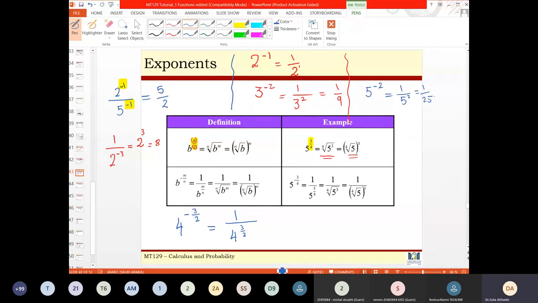It was up, it will go down. Now I have to work it out as a fraction. Whenever it's a fraction, what's down gives me the root, what's up gives me a power. So this will be (1/2) all to the power 3, which is 1/8.